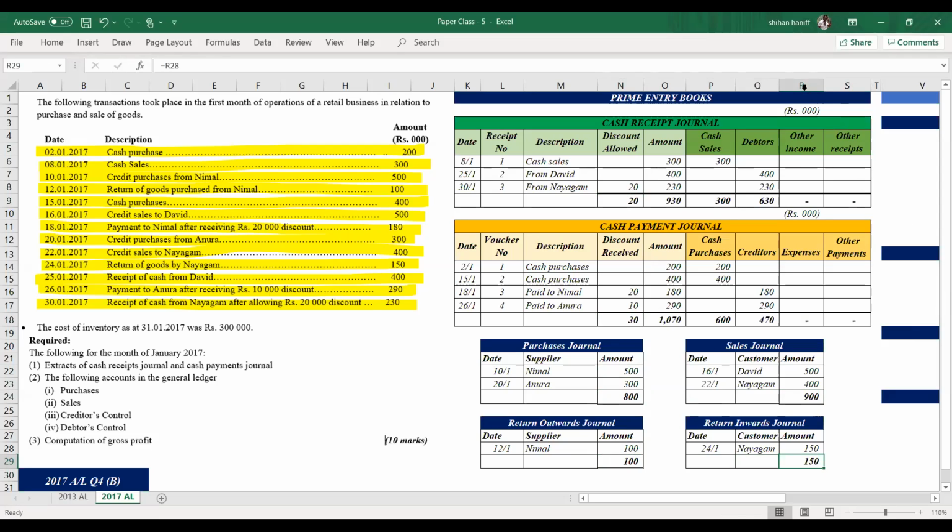So there is no other income or other receipts. Even if you don't draw this, you will get the marks for this question. But to understand the full format, we have drawn the complete format of the cash receipt journal and cash payment journal. Right. So total cash sales 300, total received from debtors 630, cash purchases creditors.